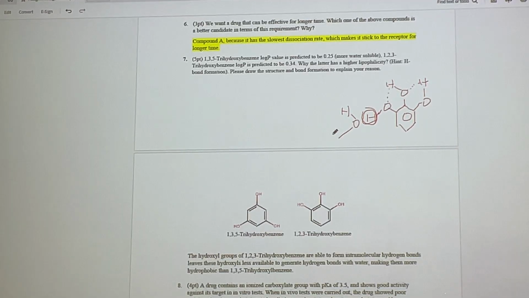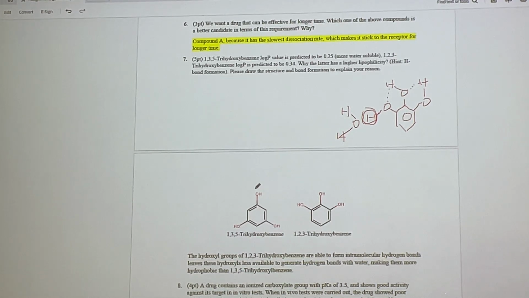For example, these are water molecules floating around, and because they have many intramolecular hydrogen bonds already, they have less availability to bond with the environmental water molecules. But for this one, if you draw it by itself, you see that this hydrogen and oxygen will be too far away, so they cannot form intramolecular hydrogen bonding.